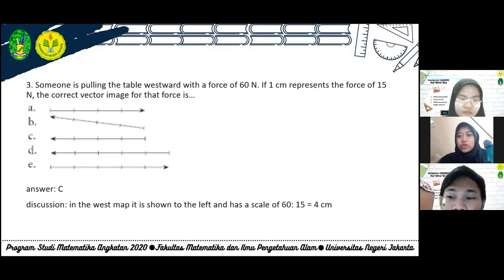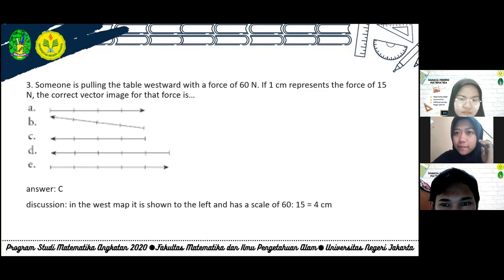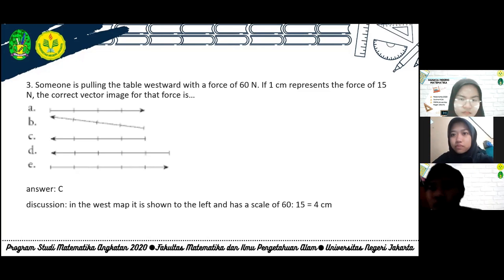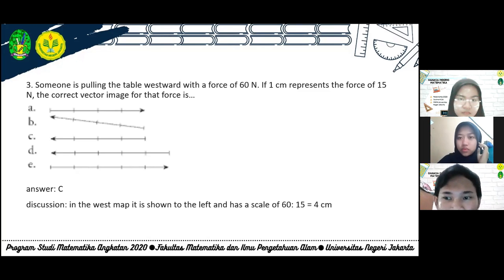Okay, so the answer is C. The arrow influences the answer, because in part C the arrow is to the left, and you have 1, 2, 3, 4.